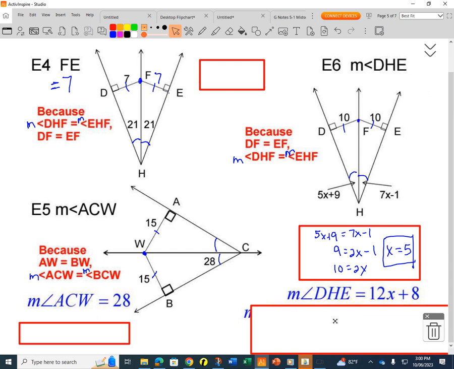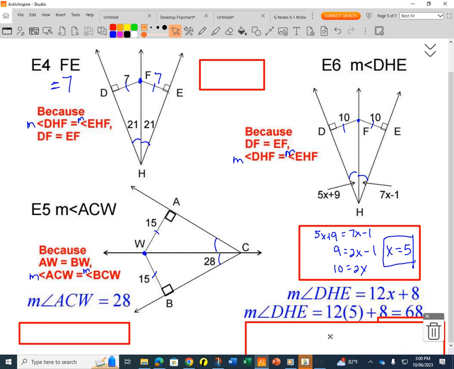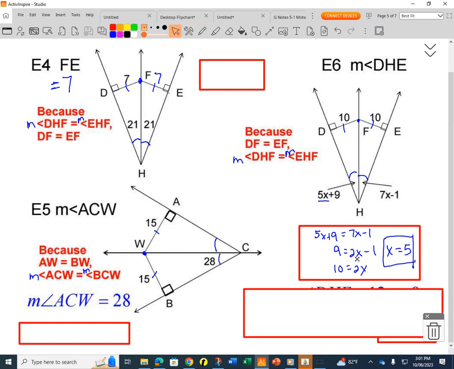So they added them together. Together, 5x plus, I don't like that, don't write that down. We're going to do it this way.